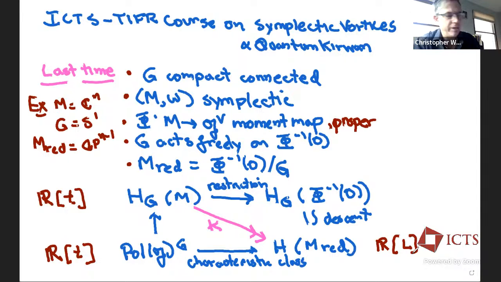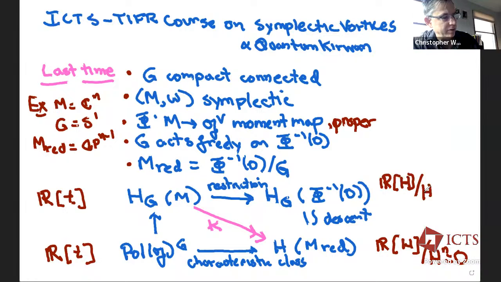It's generated by a single class. Usually that class is called H, the hyperplane class, and the relation is that H to the n is 0. And so the same thing up here, that the equivariant cohomology of the zero level set is isomorphic to the quotient. So this is also the truncated polynomial ring.